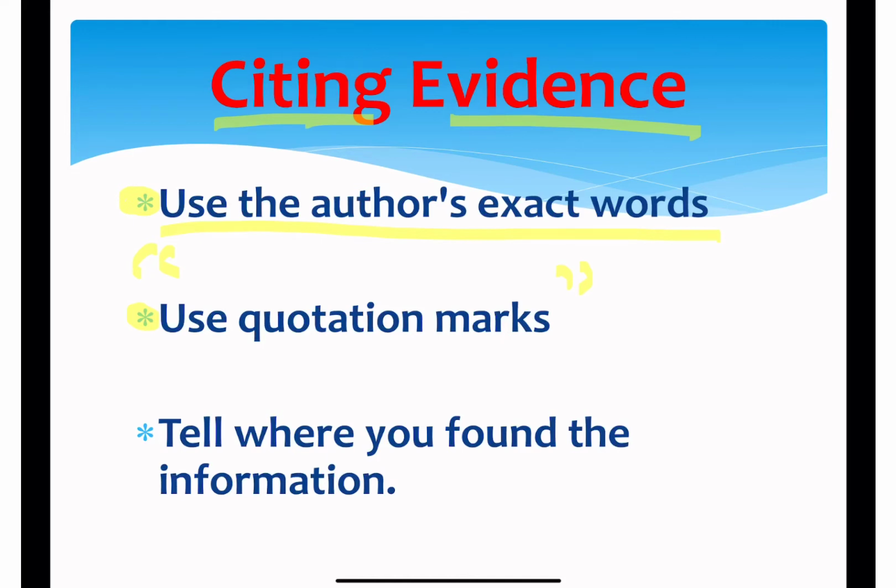So if you read this text that you didn't write and you've been asked a question and you know the answer, I would like for you to give credit where credit is deserved. Tell me where you found the answer. If you're going to write the information directly stated from the text, this is where you're going to add, within your quotation marks, where you found the information. And that's what we're focusing on today.